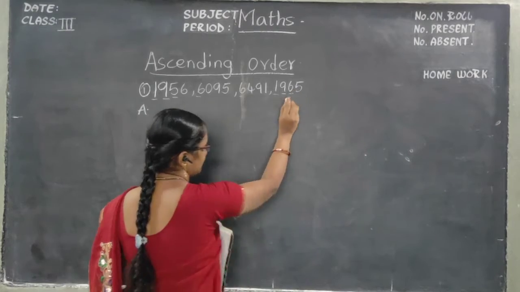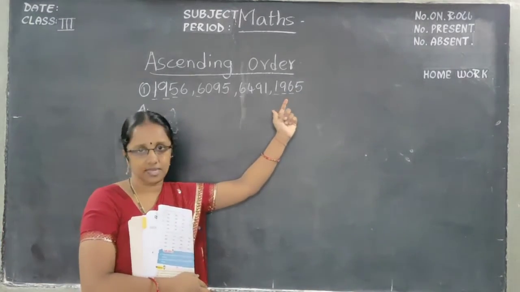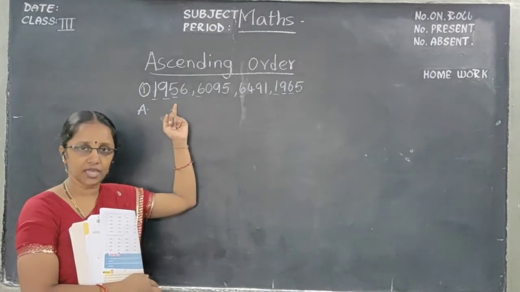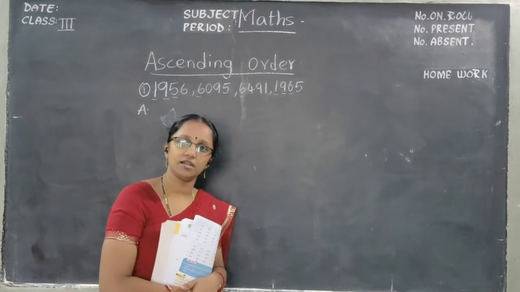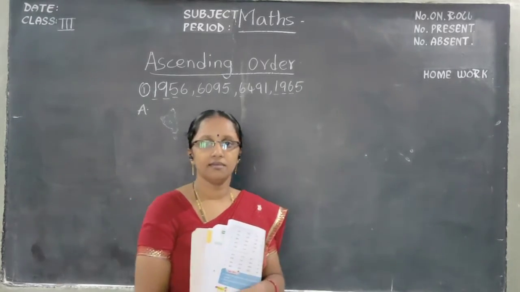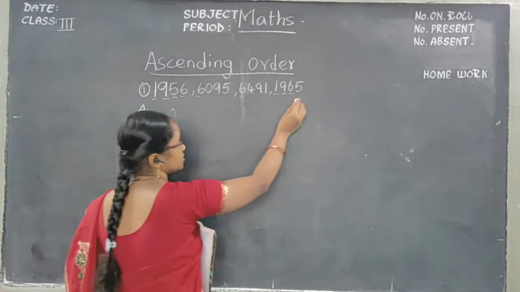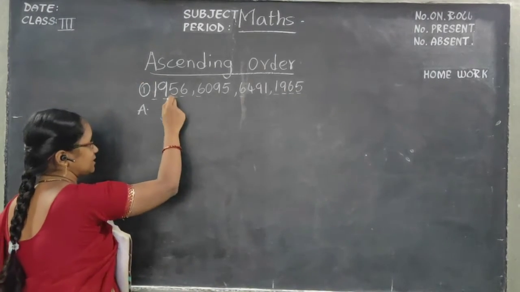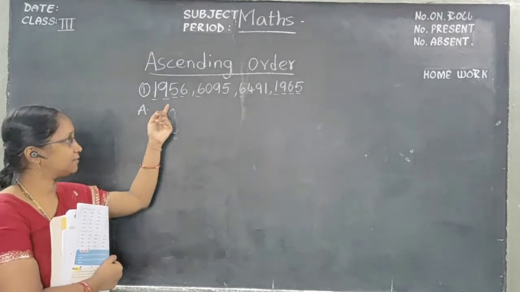Here the number is 5 and here is 6. In this 5 and 6, which is the small number, children? 5. That's why this number will come first.